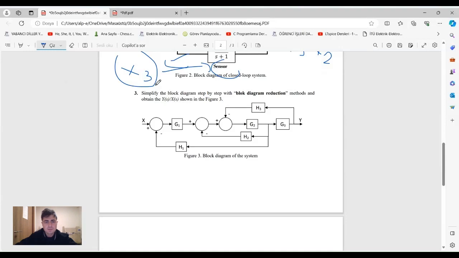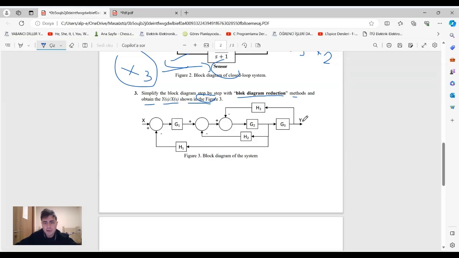In this question, they want us to do the block diagram step by step with block diagram reduction methods and obtain the E(s) over X(s) shown in figure 3. Okay, in this, these are feedbacks. We already know this.